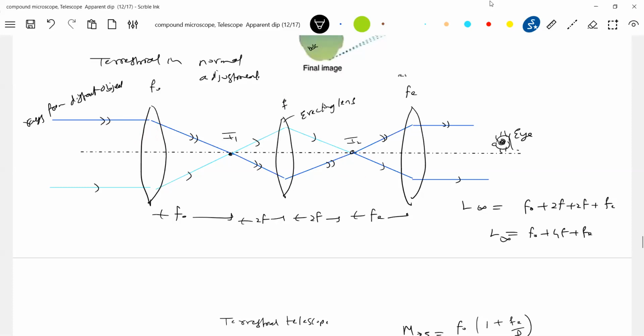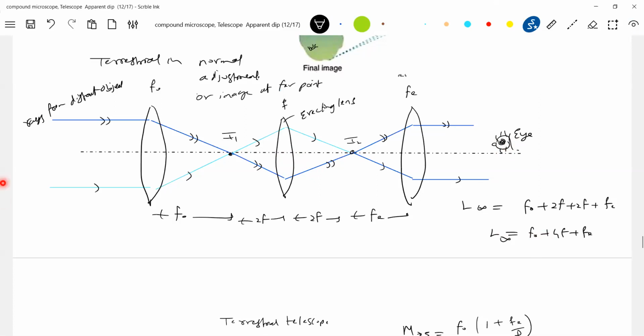For the terrestrial telescope, all the setup is the same, only that the erecting lens is brought here. And you have to do the adjustment in such a way that it is normal adjustment. You have to make these conditions. Then this will be the length of the tube. Then this will become normal adjustment. So terrestrial telescope in normal adjustment, or image at infinity.